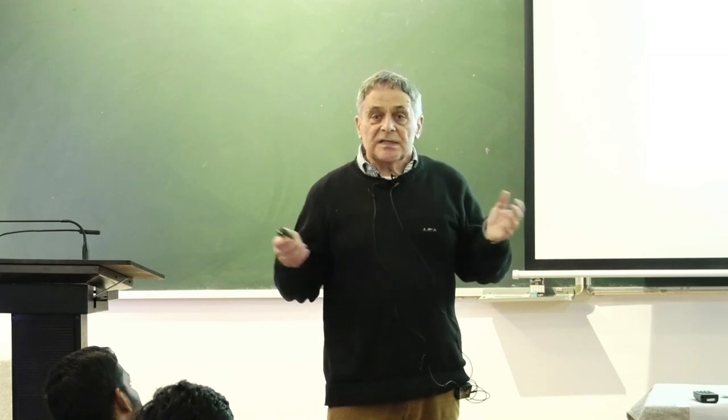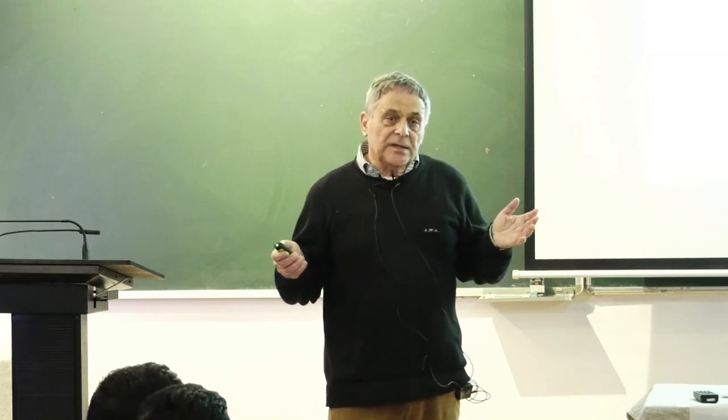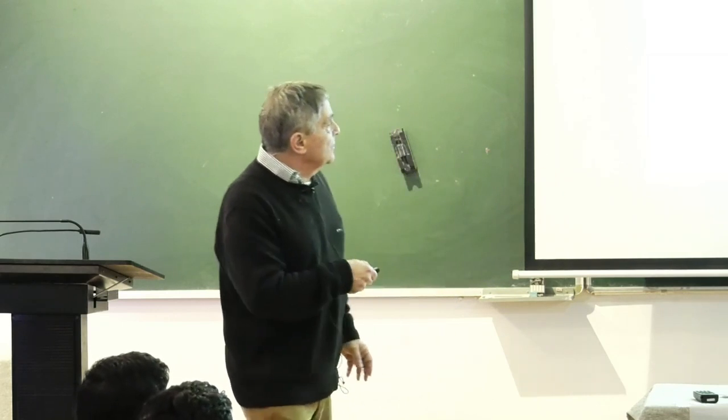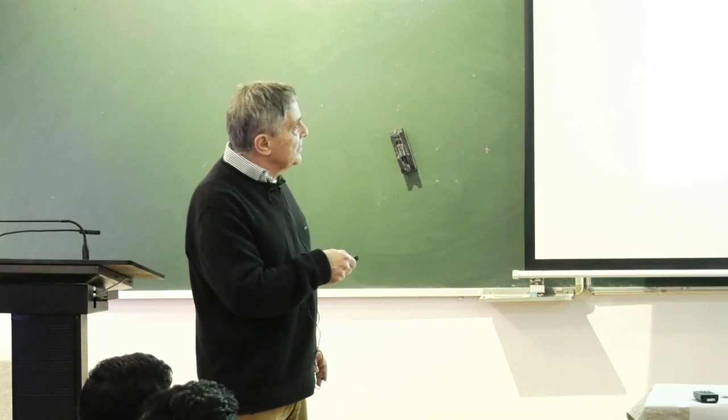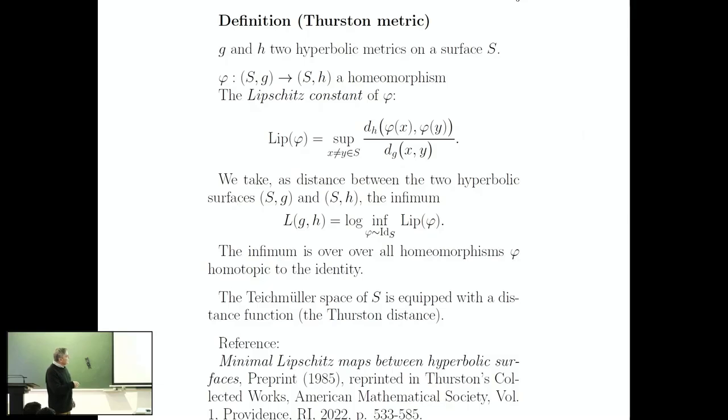You take the best Lipschitz map between them, and you have to take the logarithm. It's not very important, but you have to take the logarithm of this infimum here, and that will be the distance between the two surfaces. So I said infimum over homeomorphisms homotopic to the identity. We don't care about this now.